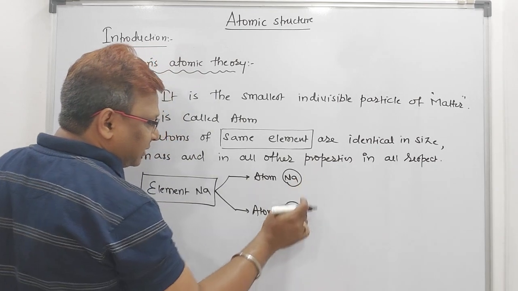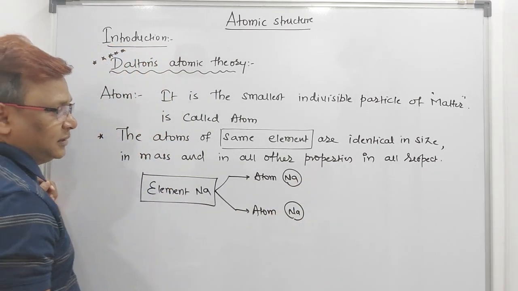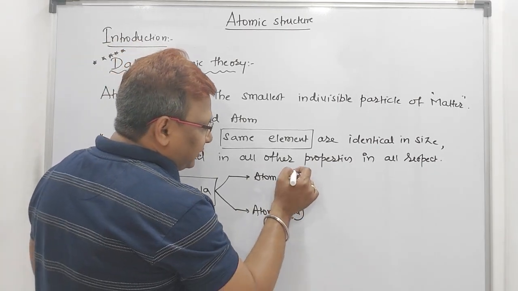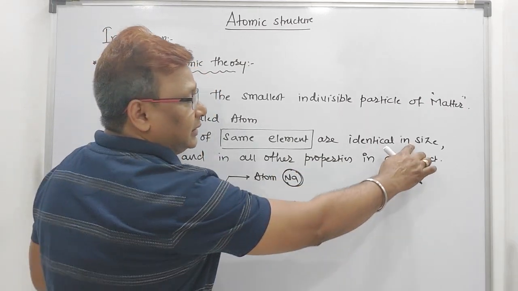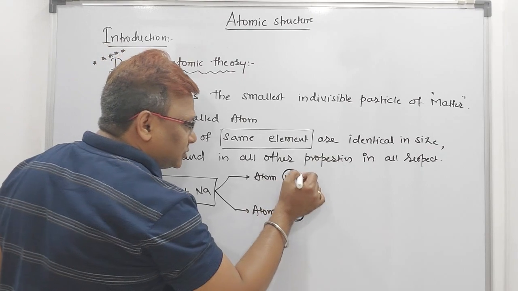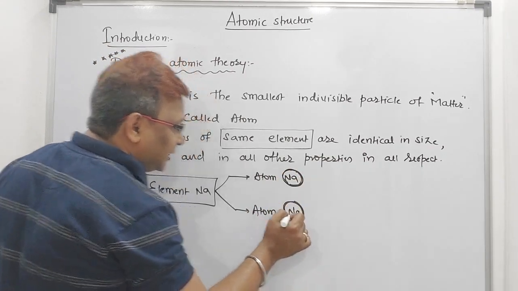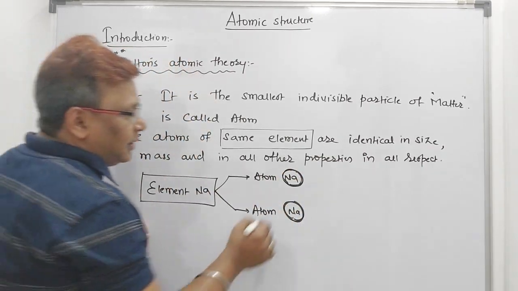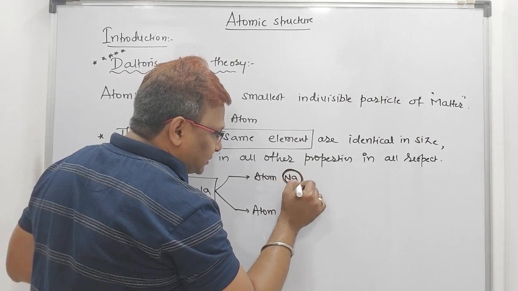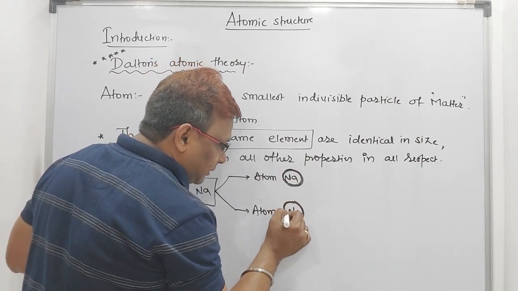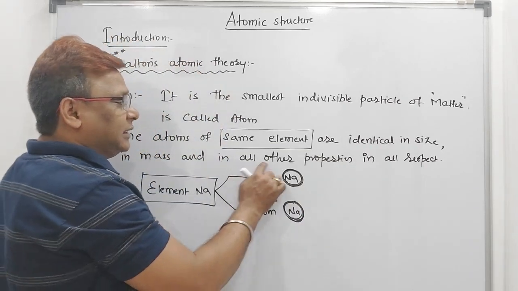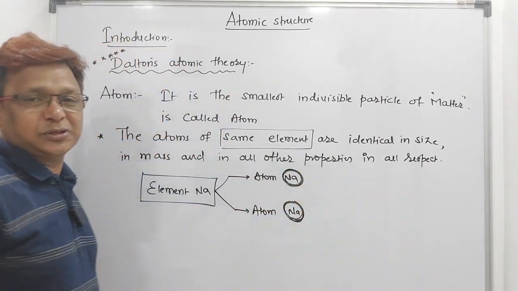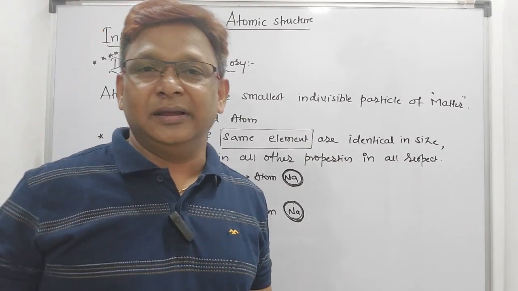All the atoms combine together to form the element. Now the size of this sodium atom and the size of this sodium atom is the same, so identical in size. The mass of this sodium atom and the mass of this sodium atom is the same, identical in mass. The physical and chemical properties of these sodium atoms are also the same. That means identical in all other properties in all aspects. Is it clear, beta? Take a screenshot.